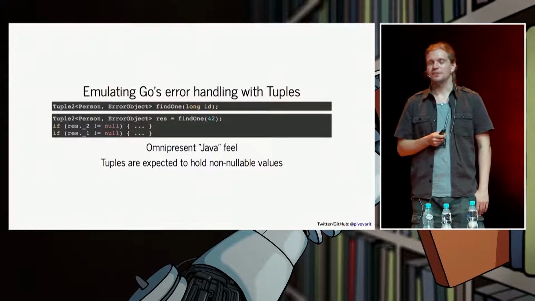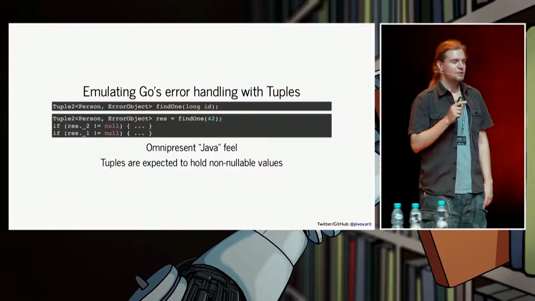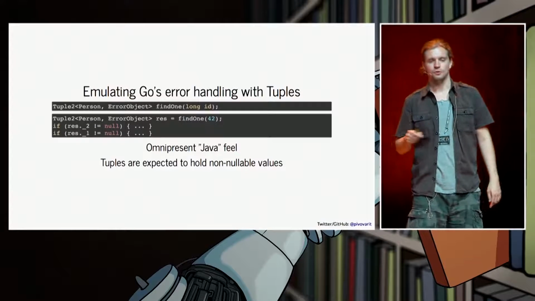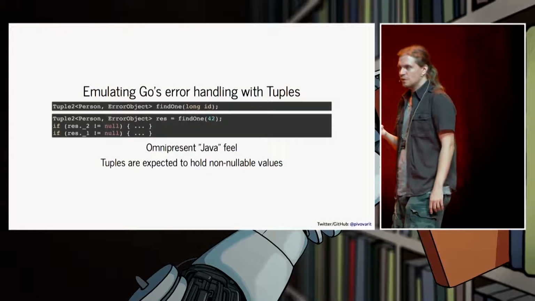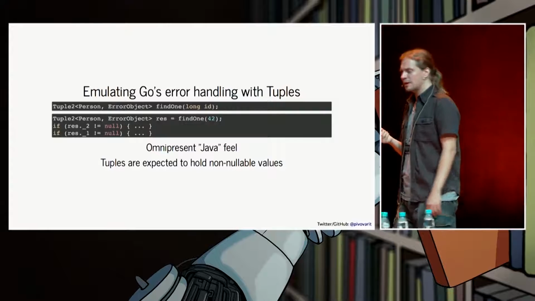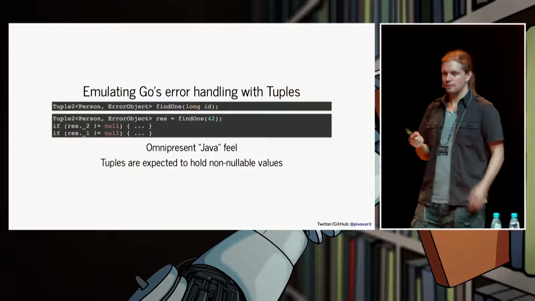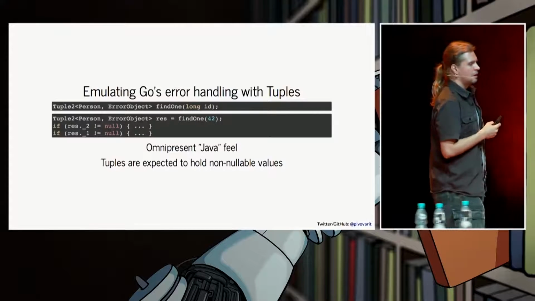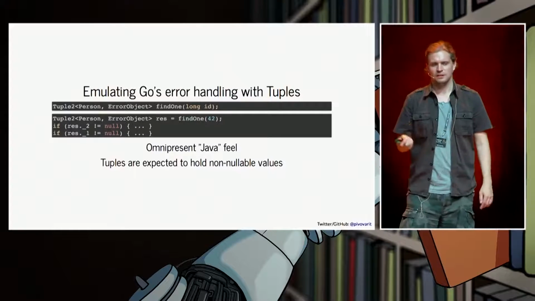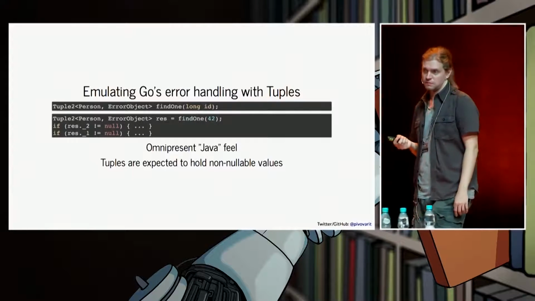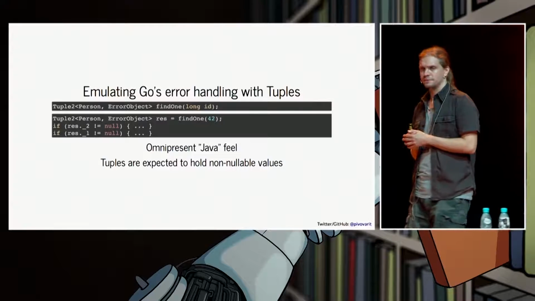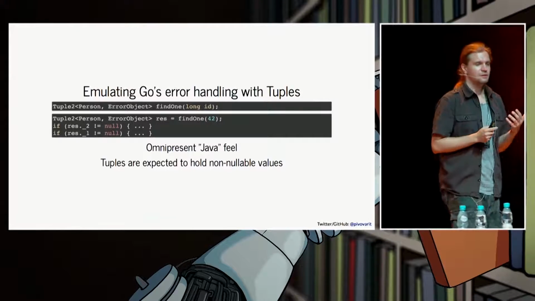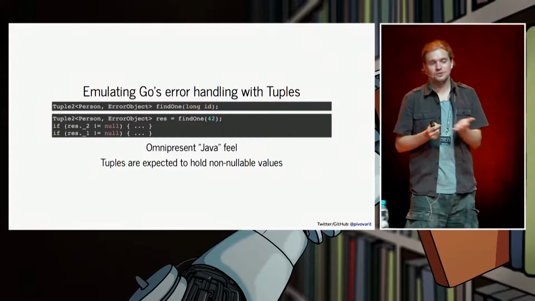So another idea. As I told you at the beginning, I like the approach that Go used. Well, we could do that in Java, okay? We can't return more than one value. I mean, we can return only one type from each method. But why not simulate this? We could use tuples. We could put two values there, okay? And then, well, we can manually just do null checks.